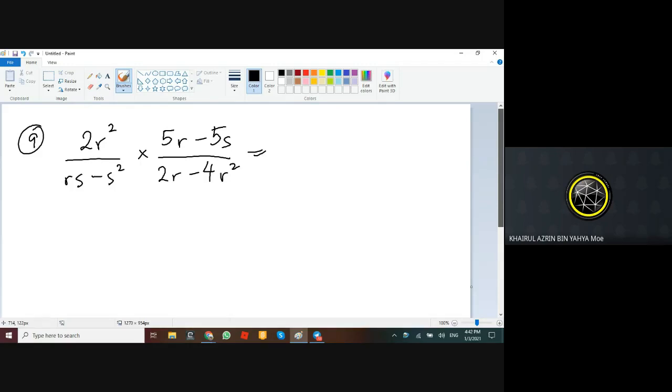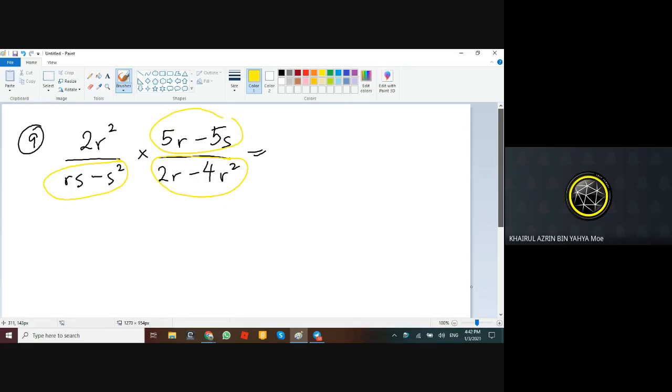Okay, so now what do we need to do? We have 2r square. First of all, in this part we can factorize 2 and r. In the upper part here we can factorize number 5, and here we can factorize s.